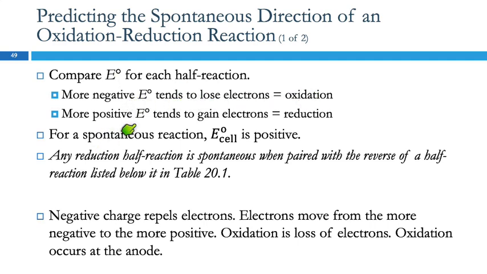The more positive one tends to gain electrons, that's the reduction. In a spontaneous reaction, the cell potential is positive. So how can we predict this just looking at the table of what two things will make a spontaneous reaction?